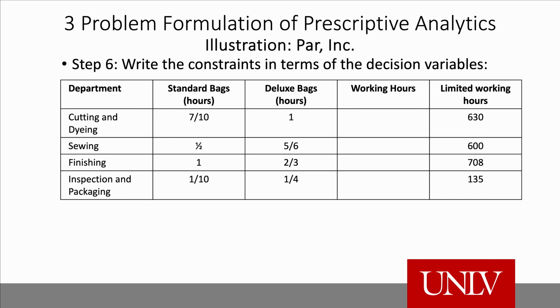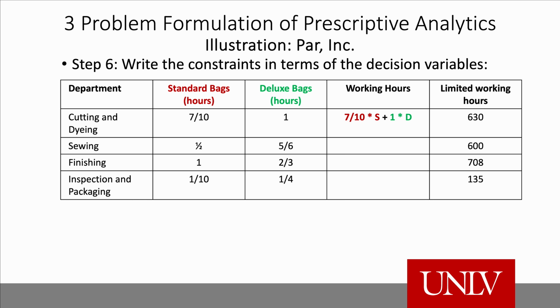And step 6, we have to write the constraints in terms of decision variables. So Par's production is constrained by a limited number of hours available in each department, right? So for cutting and dyeing, each standard bag requires 7/10 hours, and each deluxe bag requires 1 hour.